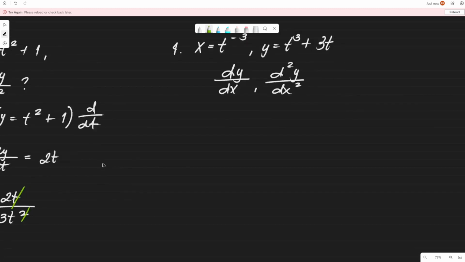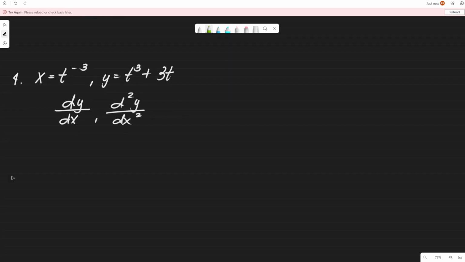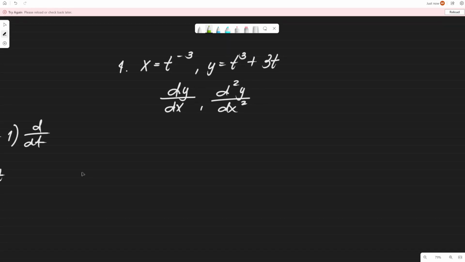Okay, number 4, this is our last example. We have x is equal to t raised to negative 3, y is equal to t cubed plus 3t. Find dy over dx and d squared y over dx squared. So we have dx over dt, that is negative 3t raised to negative 4.